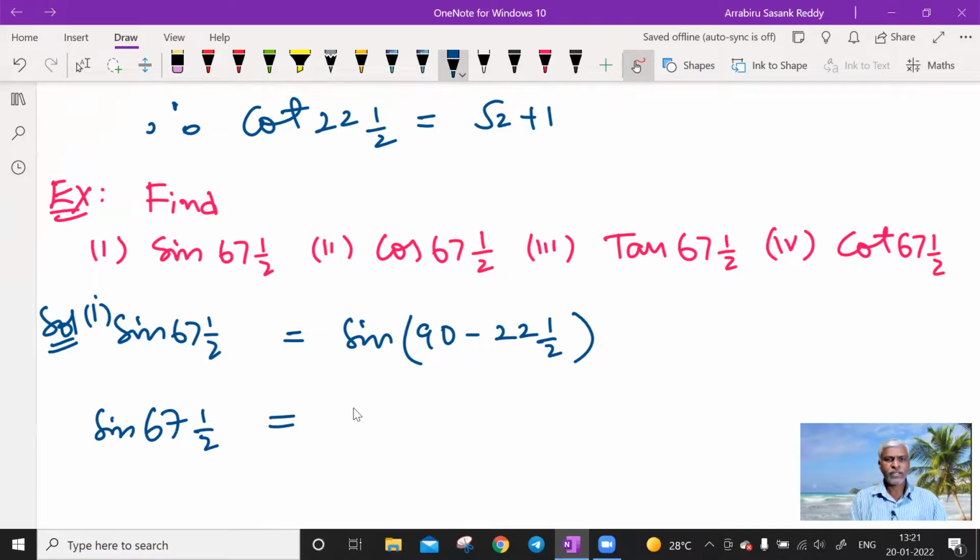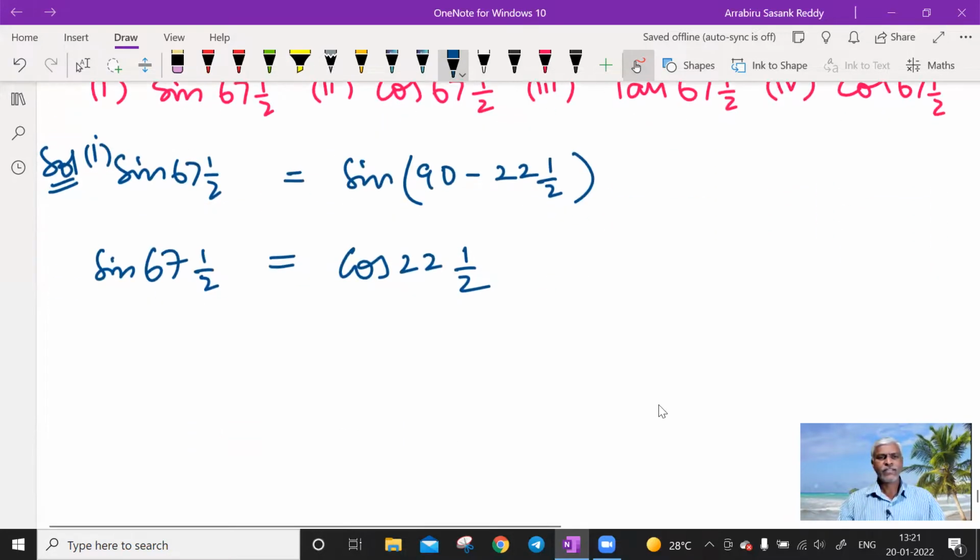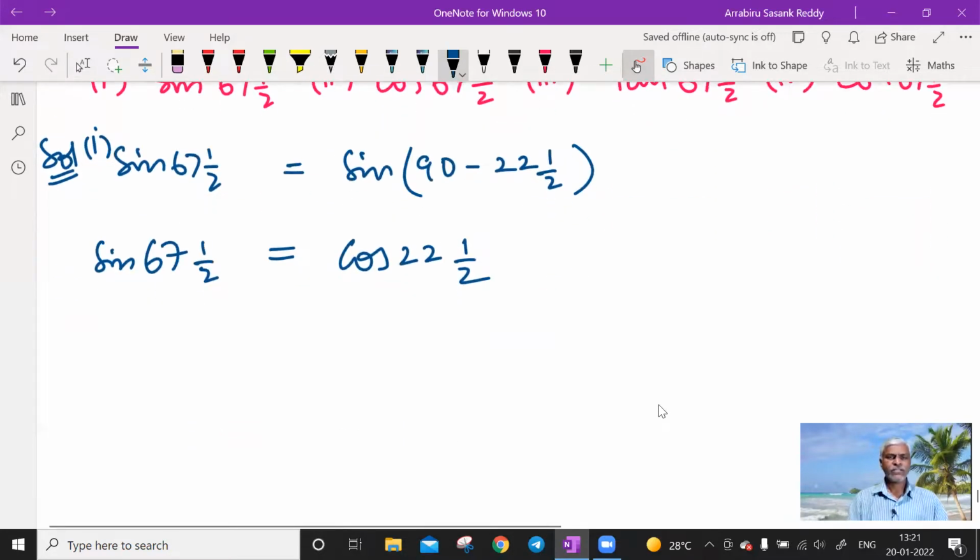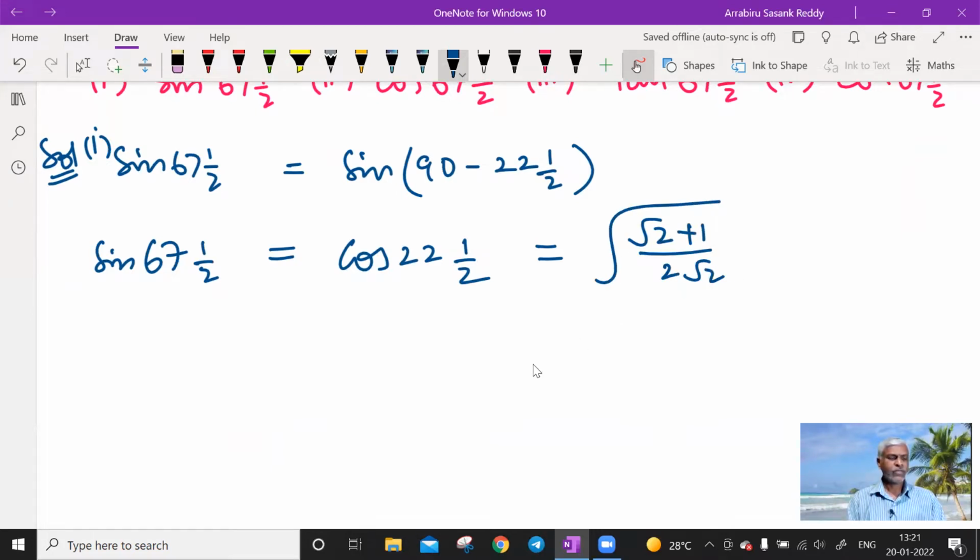Sin 90 minus theta is cos theta, so sin 67 and a half is equal to cos 22 and a half, that is, just now we have found under root root 2 plus 1 by 2 root 2.